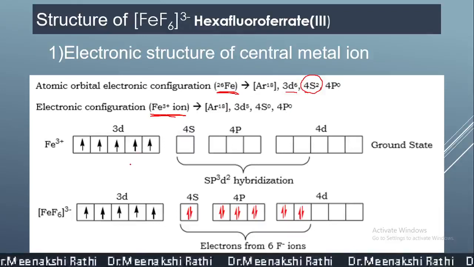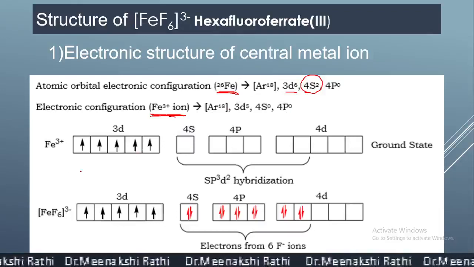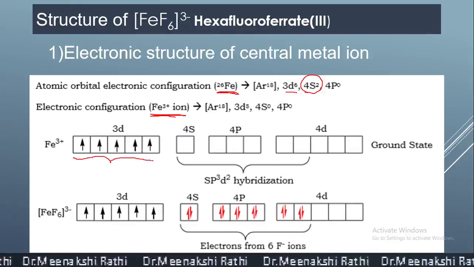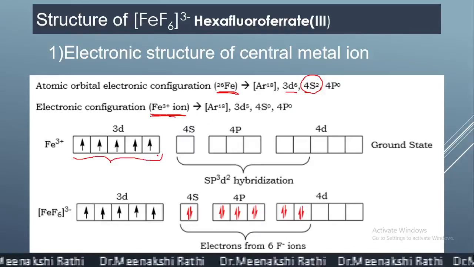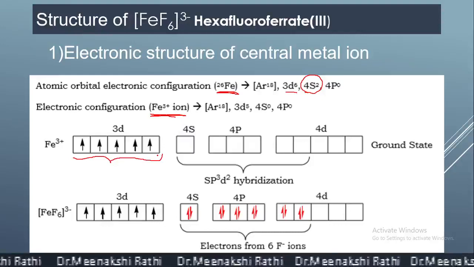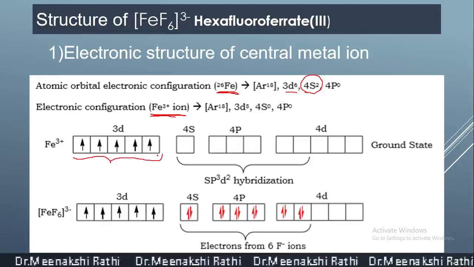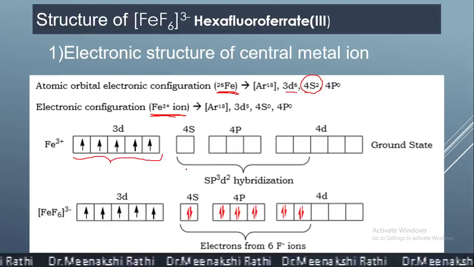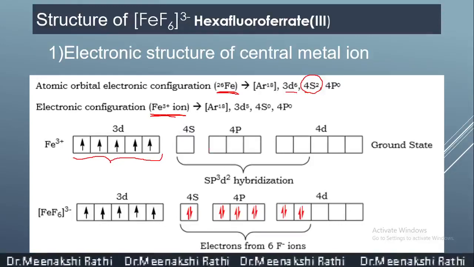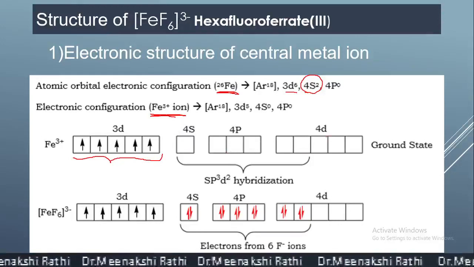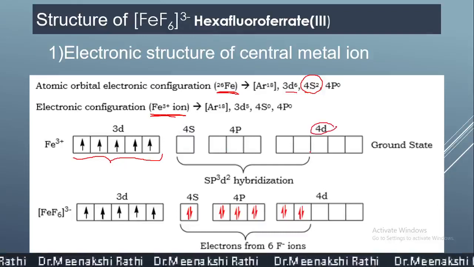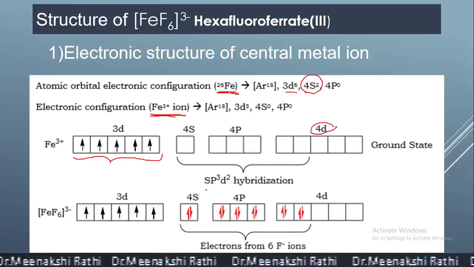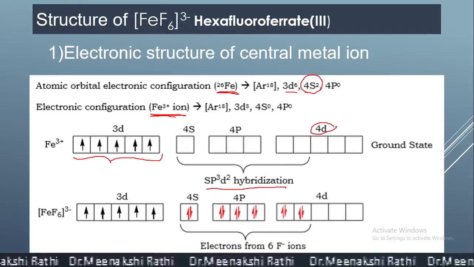Fluoride, as it is a weak ligand, leaves all the 5 electrons unpaired; no pairing is done. Here the Fe3+ ion uses its 4s, 4p and two 4d orbitals to undergo sp3d2 hybridization.